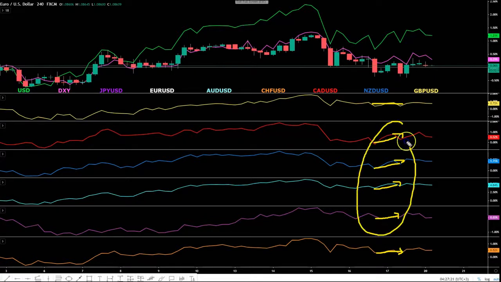We had four markets going higher against the US dollar. We had one that went nowhere, two that went pretty much nowhere. So when that happens, once again, through this line, we get a clue, we get a communication.